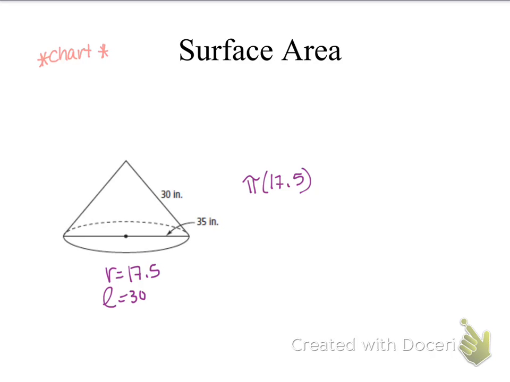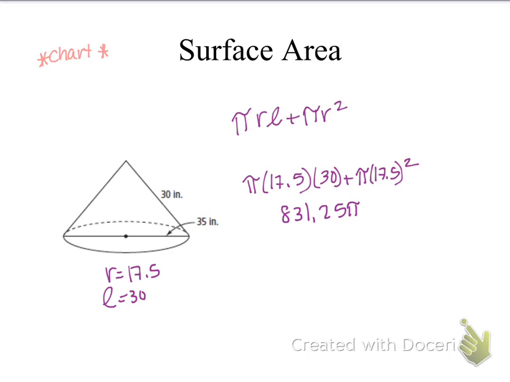Make sure you write the equation in here. And I get 831.25 pi inches squared.